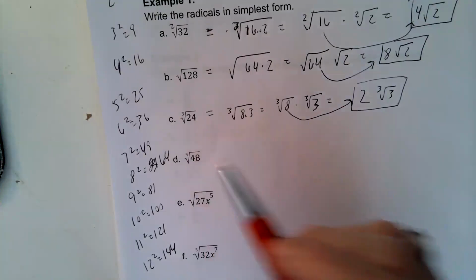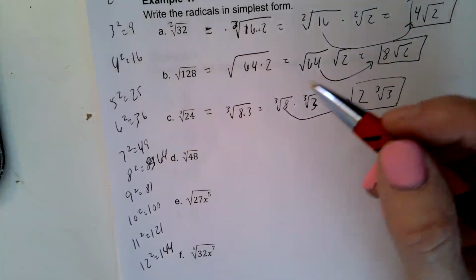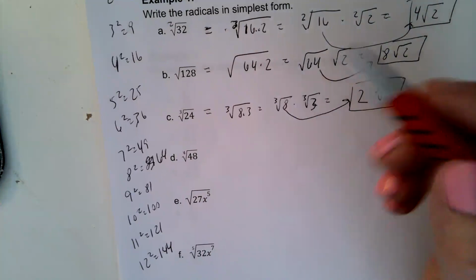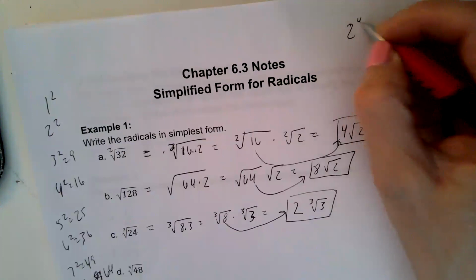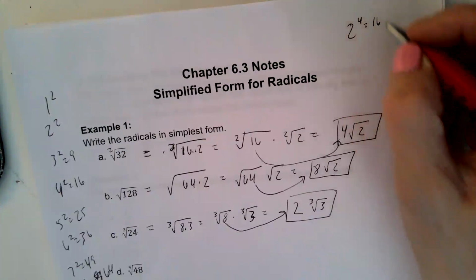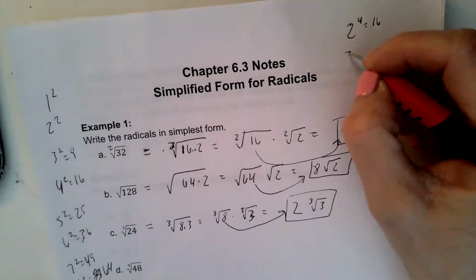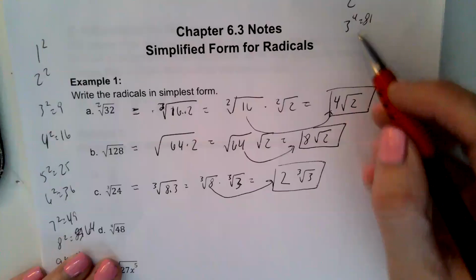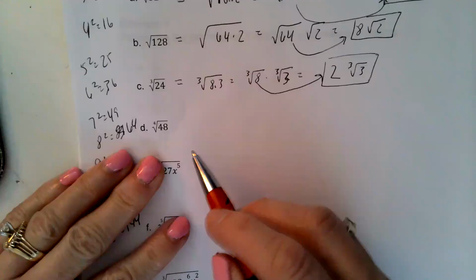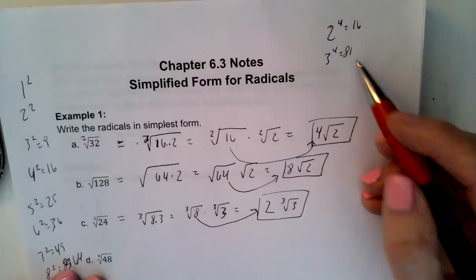Okay, the 4th root. So I need to know powers of 4. I know some powers of 4: 2 to the 4th is 16, and 3 to the 4th is 81. I know 16. If I look in Desmos, I can see that 48 divided by 16 is 3.